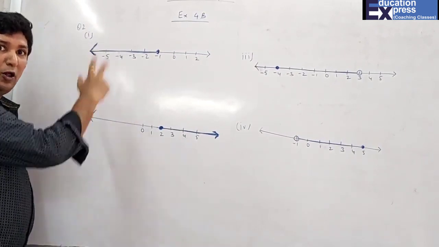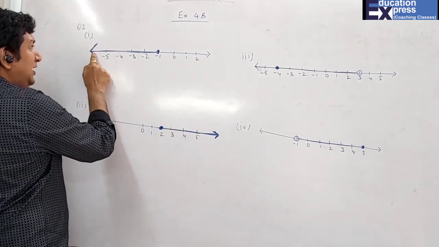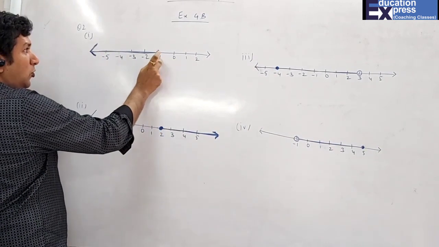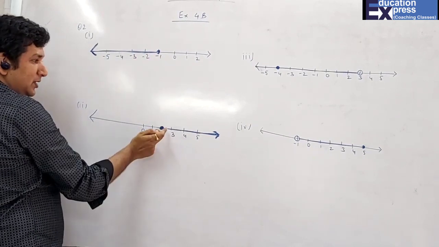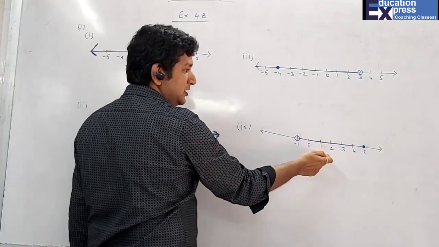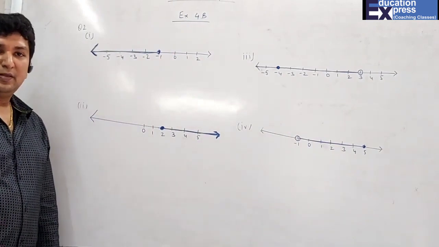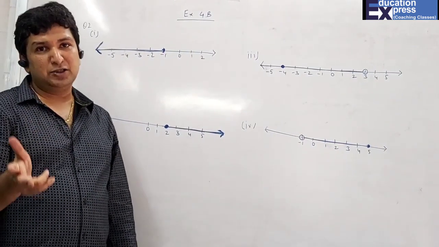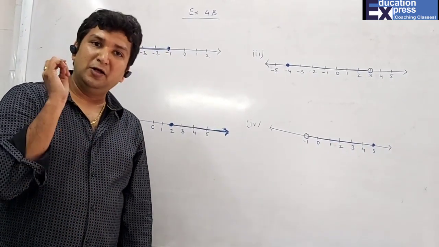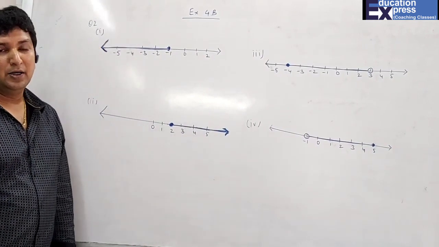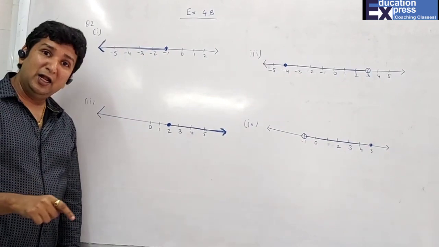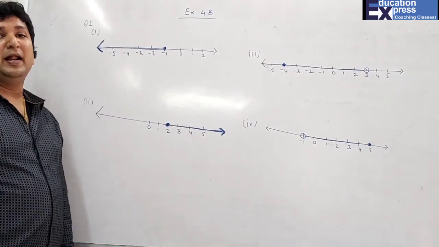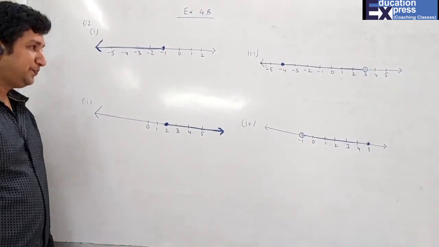And you can see in all 4 number lines I have taken everything, not only the numbers but also those in between. That means none of them are natural, whole or integer. They are either real numbers or rational numbers, because they include numbers in between, but they cannot be natural, whole or integer.